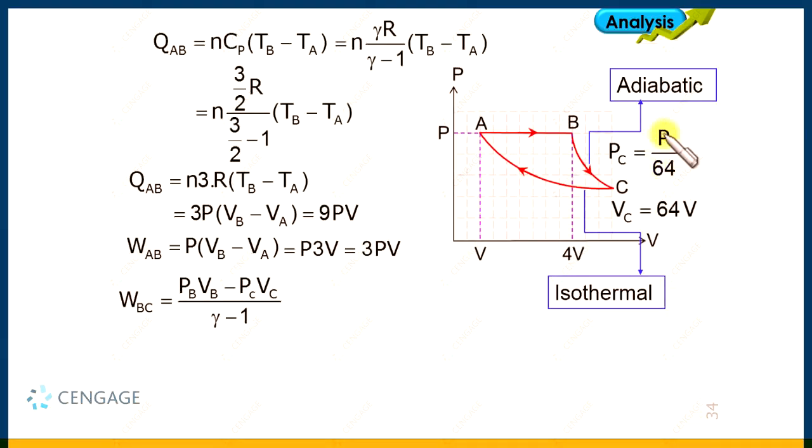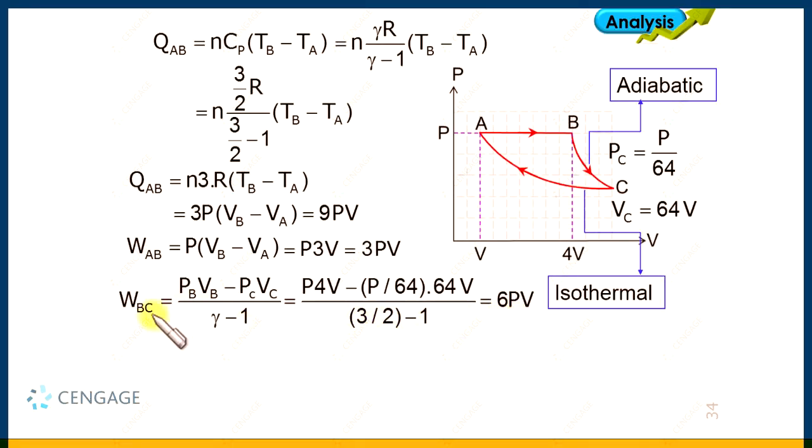So, we can substitute these values: P multiplication 4V, minus P divided by 64 multiplied by 64V, divided by 3 by 2 minus 1. The 64 and 64 will get cancelled, and after solving we will get 6 PV, that is WBC equal to 6 PV.